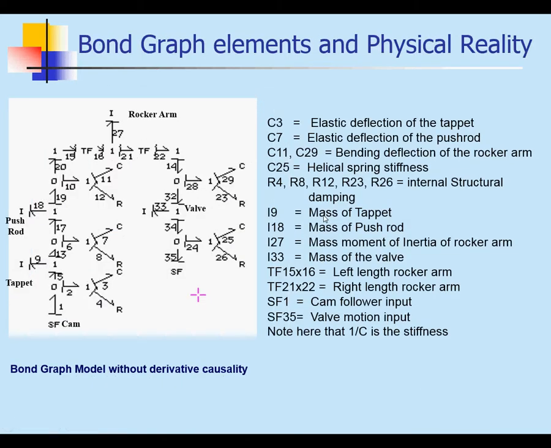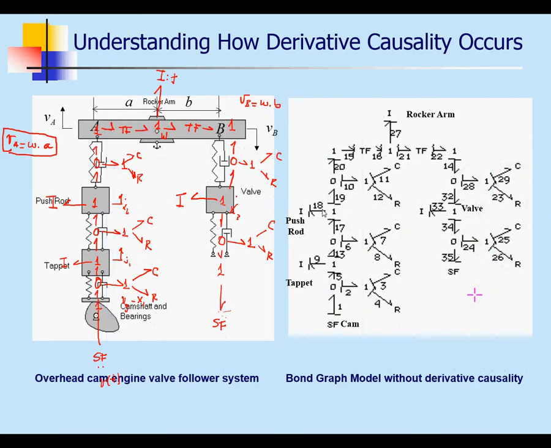Is there any question about this? No. Okay, so what I was trying to say is that it makes it easier to understand when there's a one-on-one correspondence to the physical system, which bond graphs offer in all the systems, really.